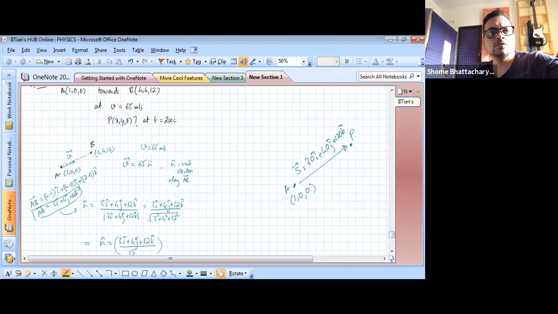Okay, so hope you understood some of the last part. Why we added. So इसका जो x कोऑर्डिनेट कितना हो जाएगा, ये 1 plus 30 हो जाएगा, बट y कोऑर्डिनेट कितना होगा 0 plus 40 और z कोऑर्डिनेट कितना होगा 0 plus 120.